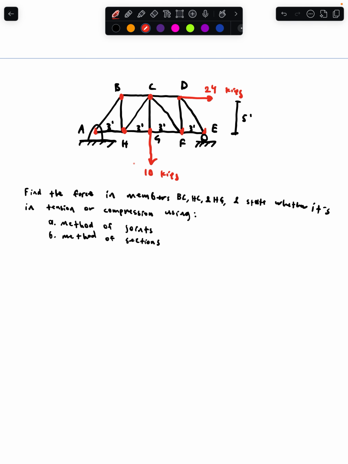So we're going to have some reaction forces here at A and also here at E. At E, we're only going to have a reaction force in the y direction, so I'm going to assume that's going to go up. And over here at A, we're going to have reaction forces in the x and y direction, since we have loads in both the x and y directions.